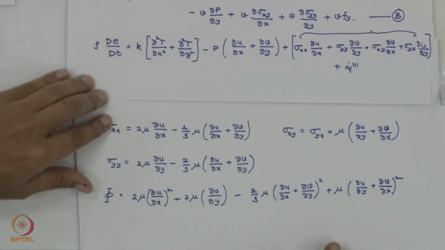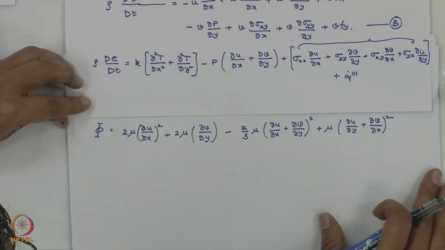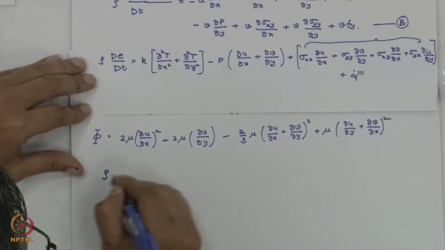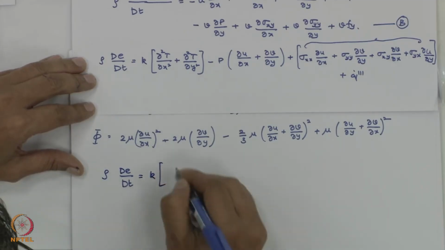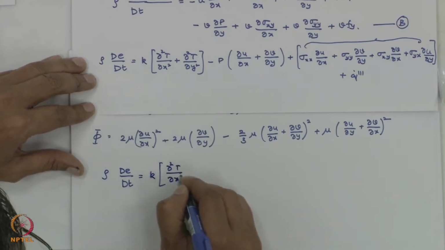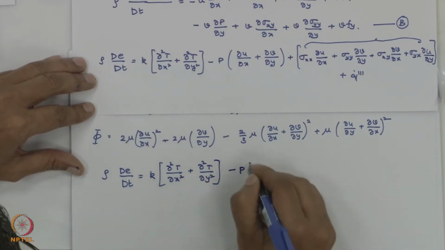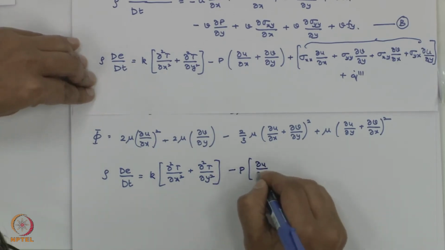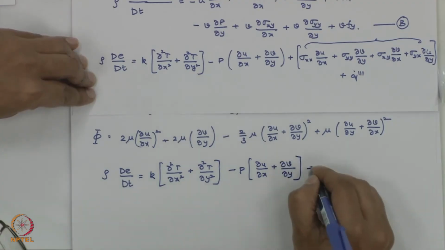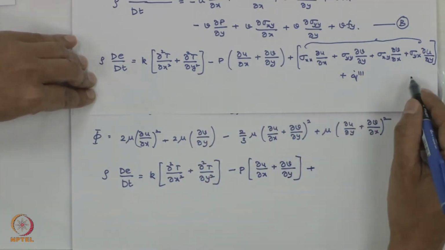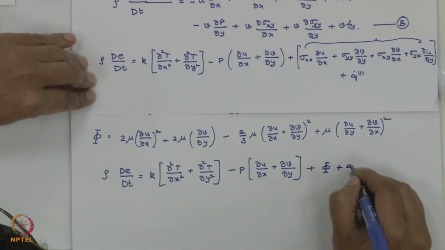So now I can write the energy equation as rho dE by dt is equal to k (del squared T by del x squared plus del squared T by del y squared) minus p (del u by del x plus del v by del y) plus, I do not have to write that whole equation because I have written that as phi, the viscous dissipation term, plus q dot triple prime.